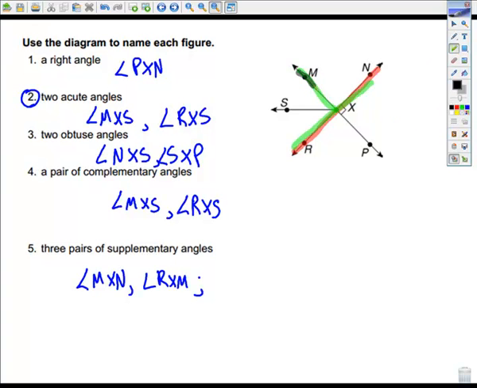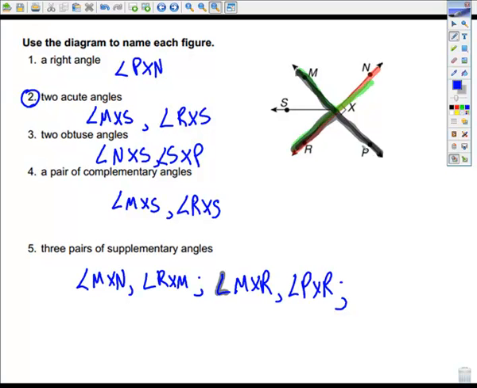And here, this is a straight angle that's made up of this angle and this angle. So MXR, whoops, I don't want that, and PXR, and I've used these two, and I'm again looking for supplementary angles.